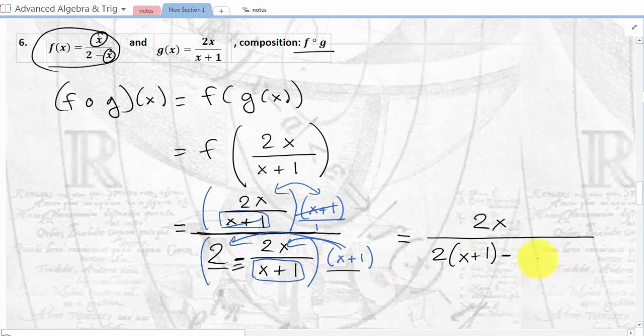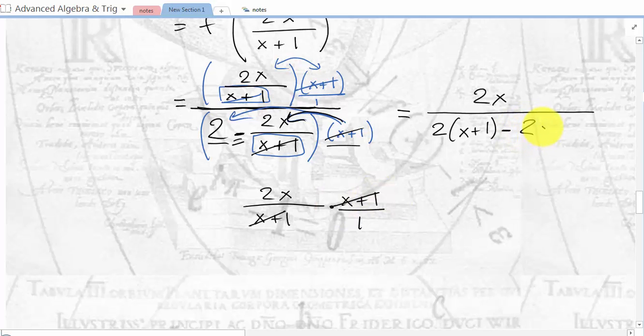A minus times a plus is a minus, and when this x plus 1 multiplies this, the x plus 1 will cancel. Let me show you that right here. Look, if you got 2x over x plus 1 and you multiply this by x plus 1 over 1, you should simplify before you multiply. So what's left is 2x.